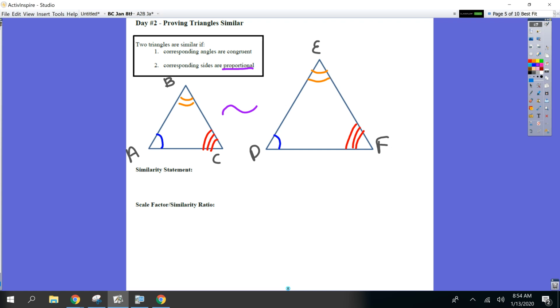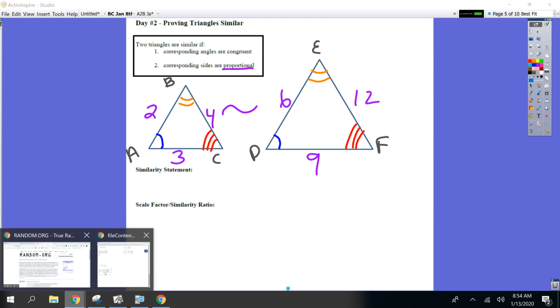Ready? Let's call AB 2 and ED 6. Let's call AC 3 and DF 9, BC 4, EF 12. What do I mean by the sides are proportional? Here's what I mean.